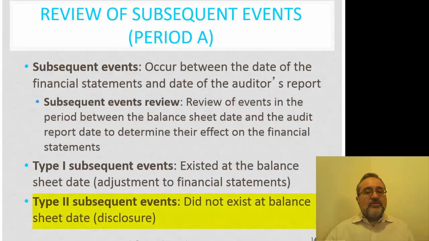A type 2 event is something that did not exist at the balance sheet date, but occurred during the subsequent period and doesn't have an impact on the numbers, but actually would have an impact on someone that is reviewing the information. So let's say that during the subsequent period the organization issued 10 million shares of stock.